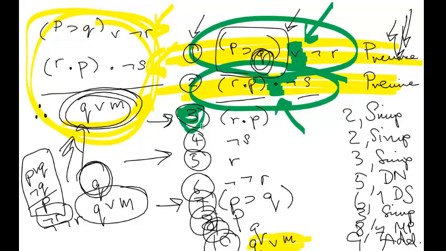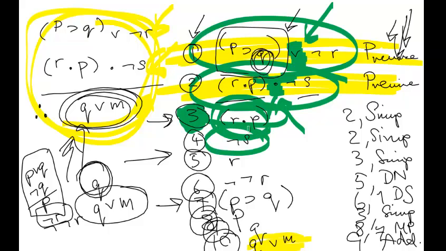So on line 3, what I did was I simplified this MLO, and I've got R and P on a line by itself, one of the conjuncts. R and P on a line by itself. I did the same thing from line 2.